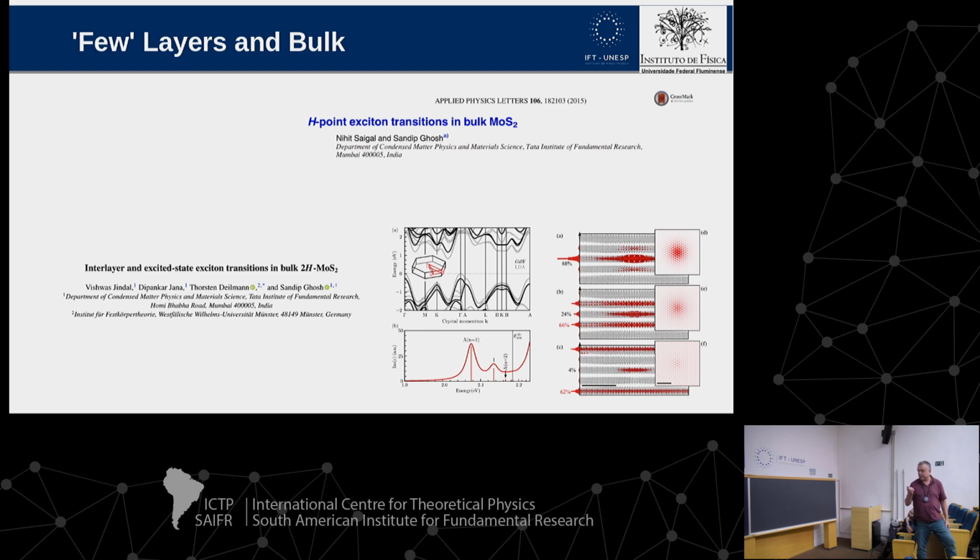For instance, people still discuss the origin of the excitons. Where in the Brillouin zone the excitons are is also not totally understood. And also the presence of interlayer excitons, where the electron and hole are not in the same layer. So this is very interesting. That has several applications, and is not yet completely understood.